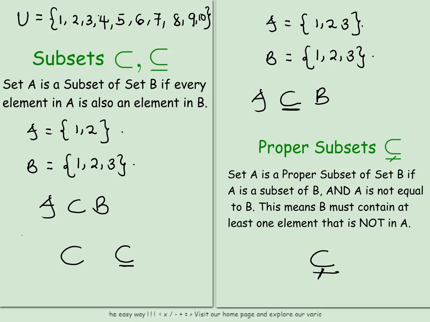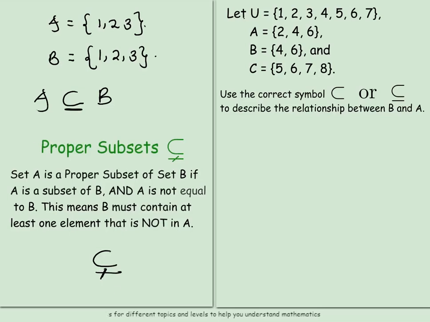Now, as usual, let's solve some examples, after which I give you some for you to try to test your understanding. Our first question says, let set U, this here is our universal set, be 1 to 7, and then A is 2, 4, 6, B is 4, 6, and C is 5, 6, 7, and 8. And we have to use the correct symbols.